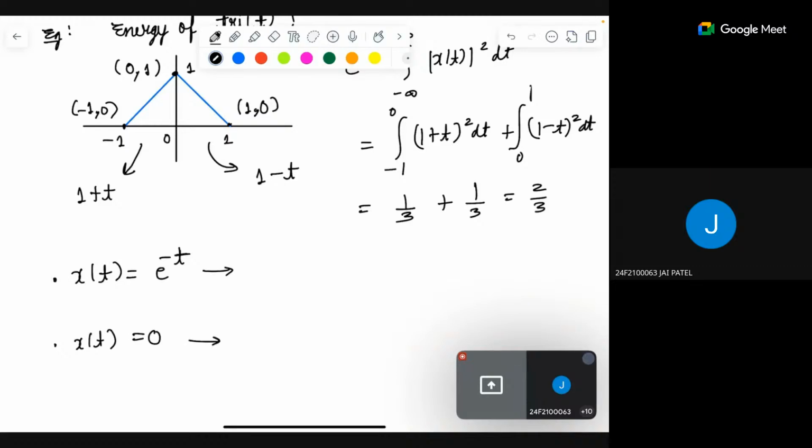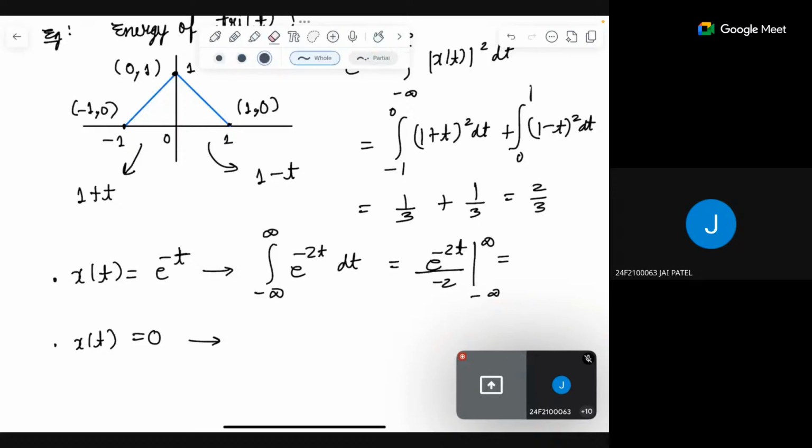No, we are calculating energy. This is a real signal. We will square it and do this integration. Now what will we get, Jay?